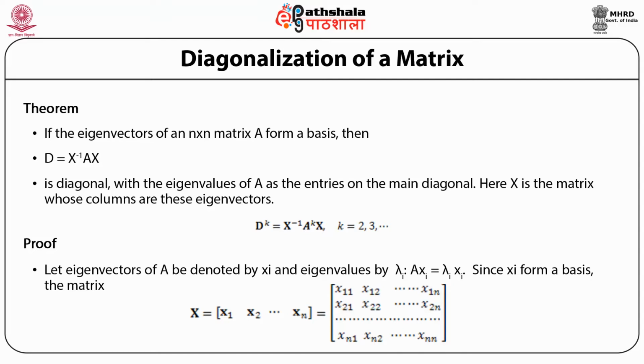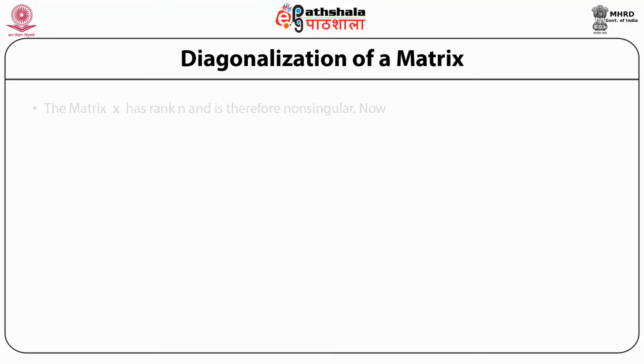This equals an n cross n matrix with the first row elements being x11, x12 and so on till x1n, the second row elements being x21, x22 and so on till x2n, and the last row elements being xn1, xn2 and so on till xnn. The matrix X has rank n and is therefore non-singular.